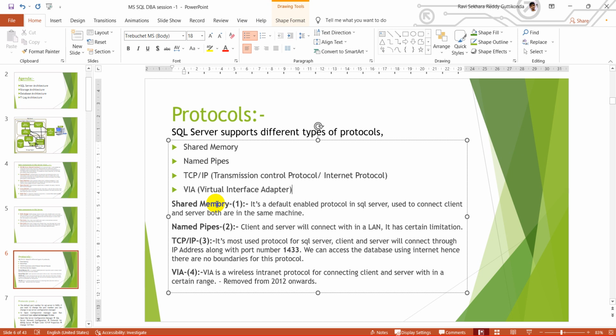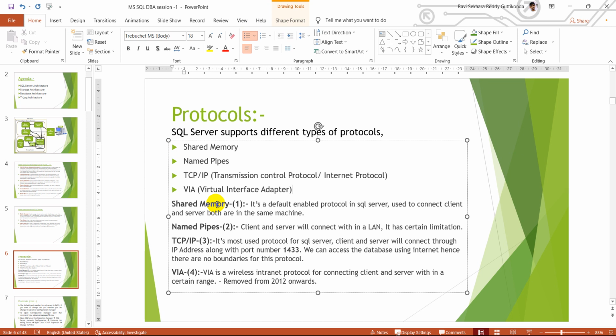And the third protocol is TCP/IP. For example, if we want to connect to the server by using an IP address along with the port number, we can access the client and server application by using the IP address and port number.